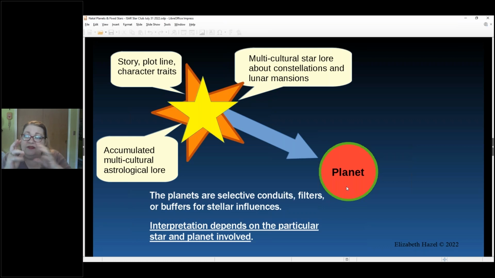Each planet is different: the sun is very different than Saturn, Mercury is very different than Venus. Each planet is selective. It's going to select the energy from that star that it can best handle.